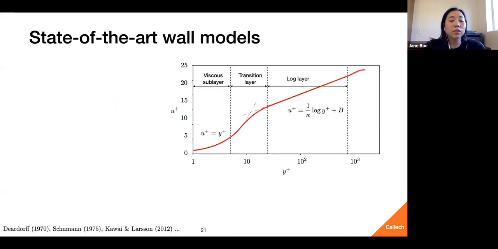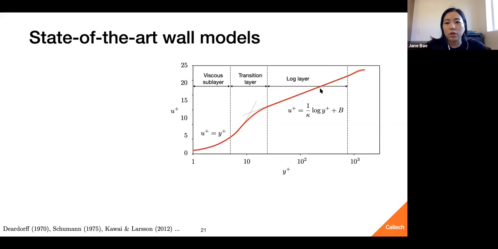So the current state-of-the-art wall models are mainly based on the idea that there is this universal velocity profile near the wall. This is true for a flat plate boundary layer with zero pressure gradient, and people have studied this for a long, long time. There's a viscous sublayer where the velocity is equal to the distance to the wall, and then a transition layer.